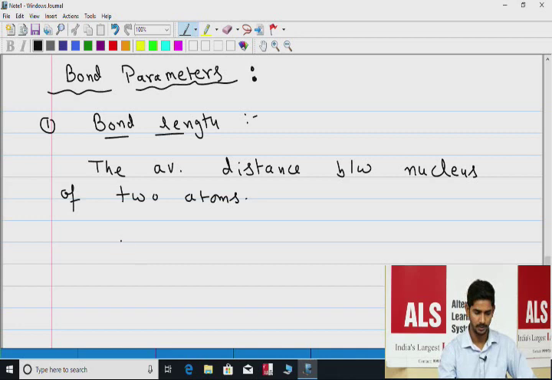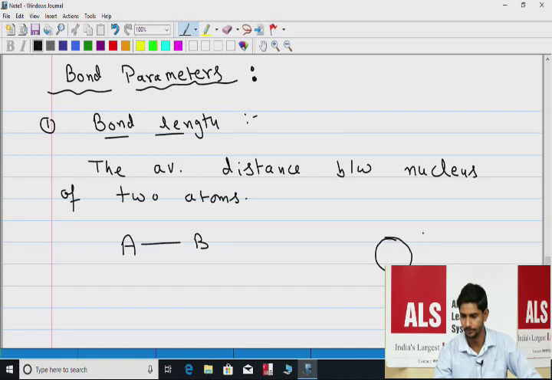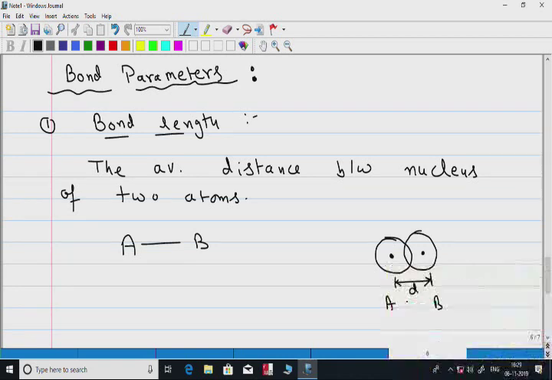Let's say suppose we have got A and B. So guys, this dash, or we can say this bond, represents the bond length. It might have such a scenario. Look at this. This is the nucleus. This is the nucleus. So actually, this distance is nothing but bond length.